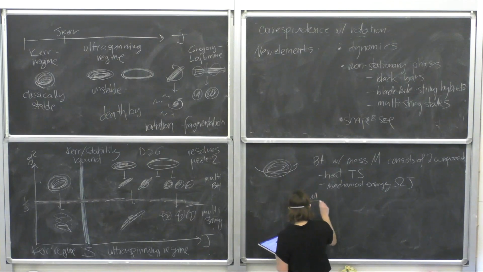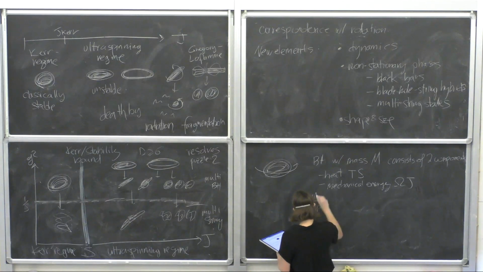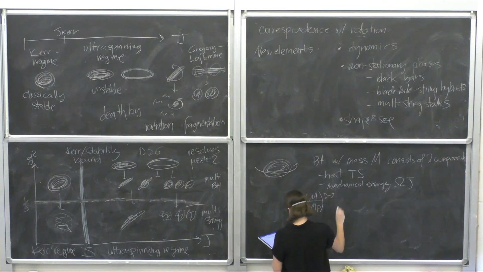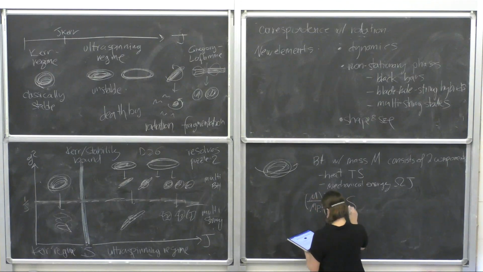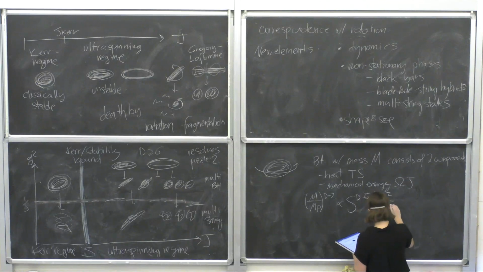I can write down a formula that works for black holes that are slowly or moderately spinning, that relates the mass, now in Planck units, to the entropy and the angular momentum.